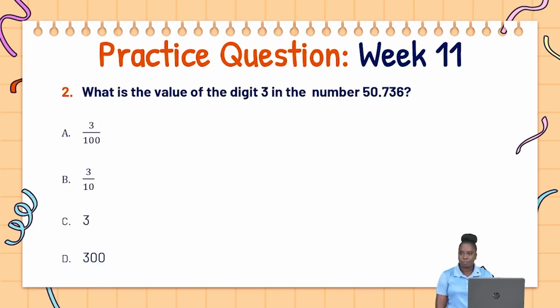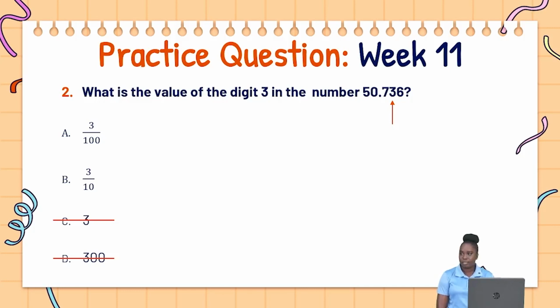Question 2. What is the value of the digit 3 in the number 50.736? So we first identify the digit that the question is asking us about. Based on its location, we can eliminate C and D because the 3 happens to be located after the decimal point.